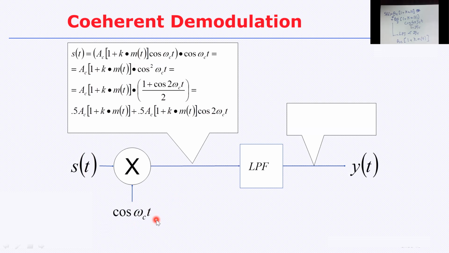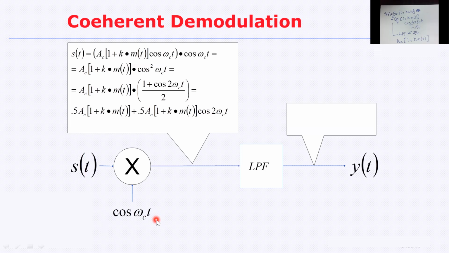Let's imagine the worst case scenario when these phases equal 90 degrees. I mean, this cosine can be turned into a sine or a negative sine. What will happen? Now, this is a problem.